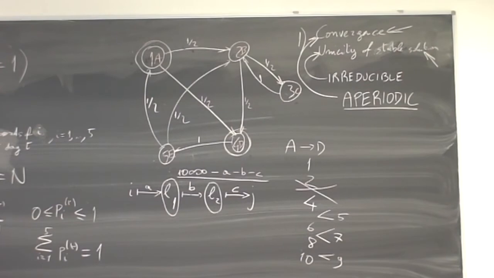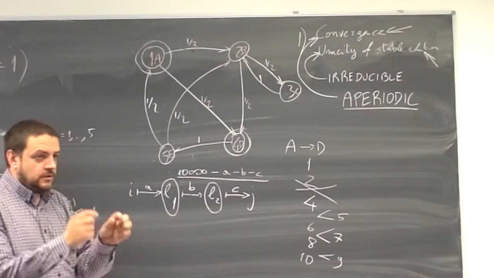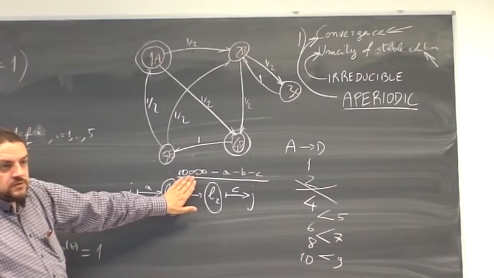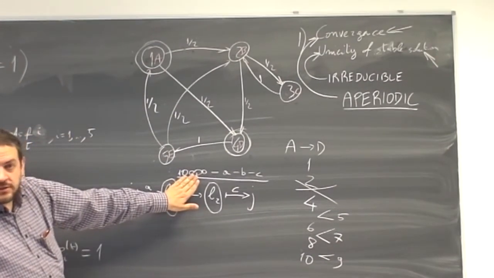Of course, if loop 1 and loop 2 share a node, then you're just asking for B to be 0.